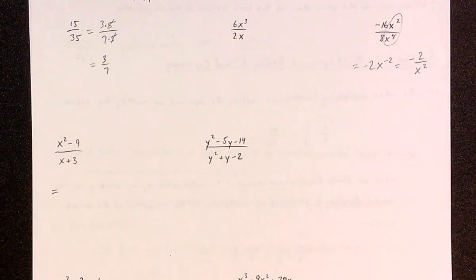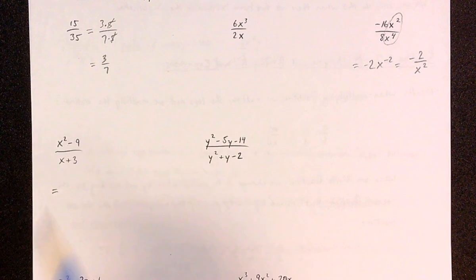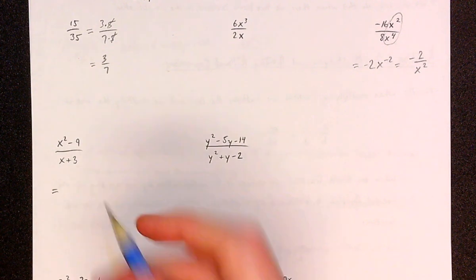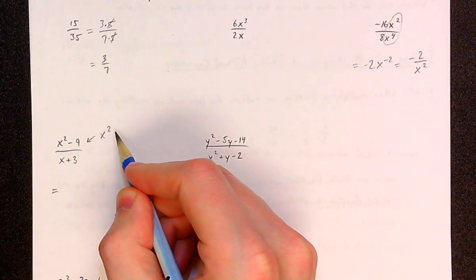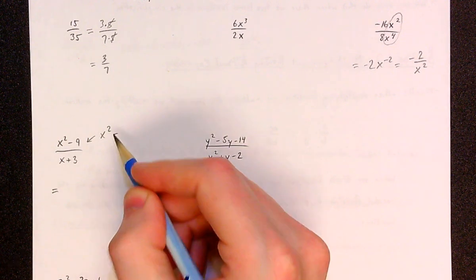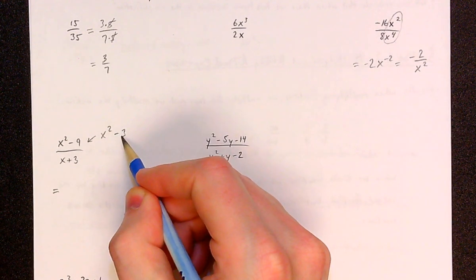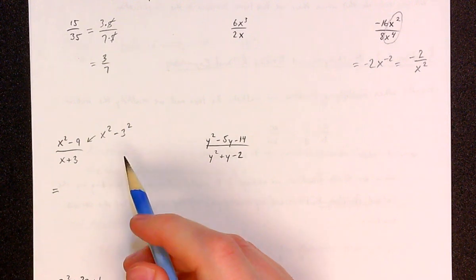Thinking back to chapter 5, specifically section 5.4, if we're seeing the difference of an x squared and a constant, then perhaps we're thinking, okay, maybe difference of two perfect squares. Well, 9 is indeed a perfect square. That whole top is equal to x squared minus 3 squared. 3 squared gives me 9.